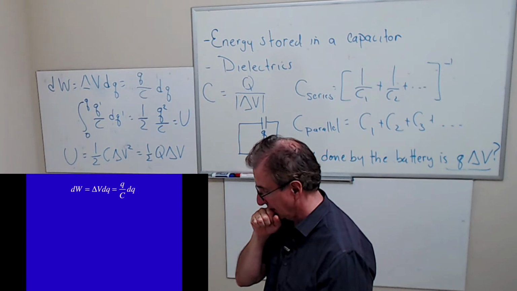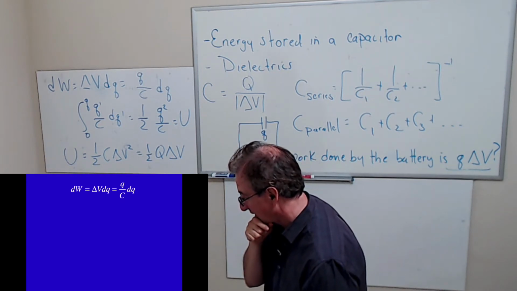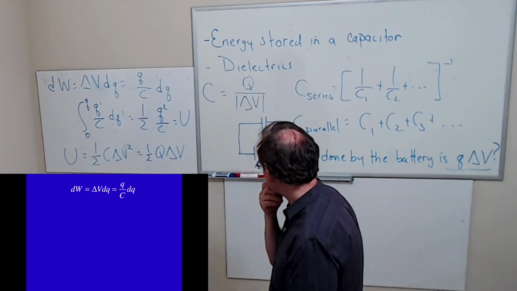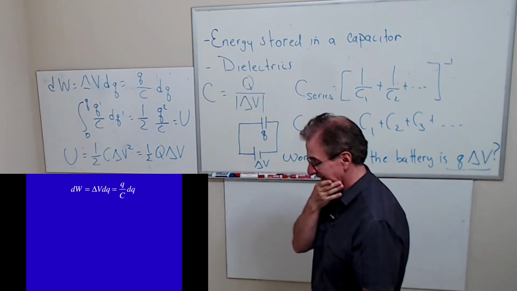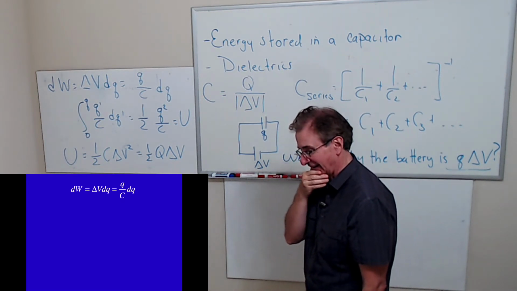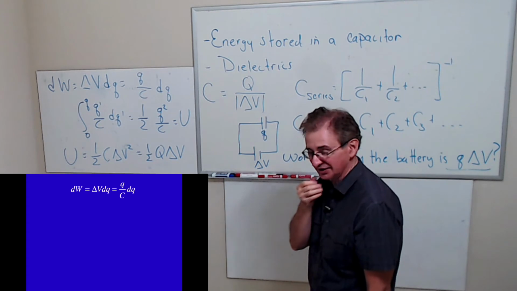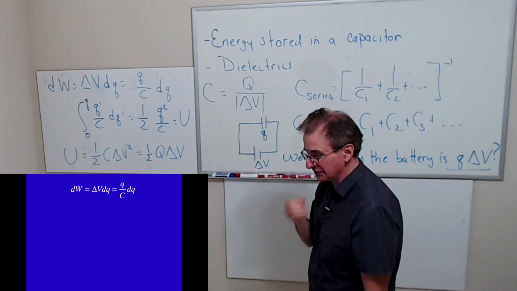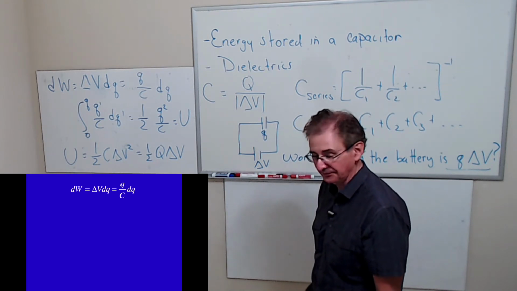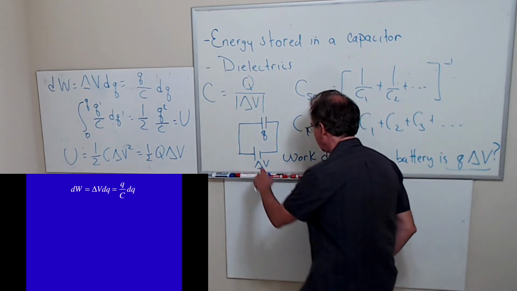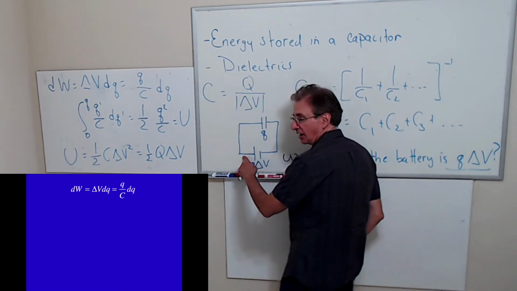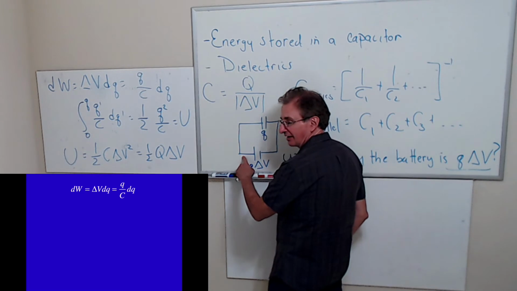Because there's two plates? No, it's not because of the two plates. It's really because of the wires. The wires have resistance. As the electrons go through the wire, they're bouncing off the atoms in the wire.